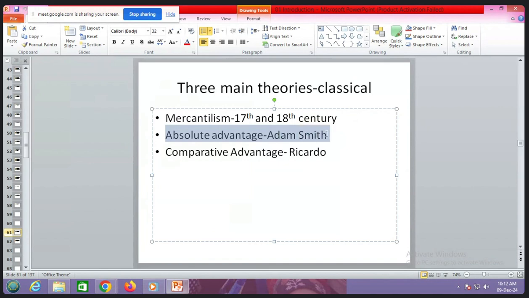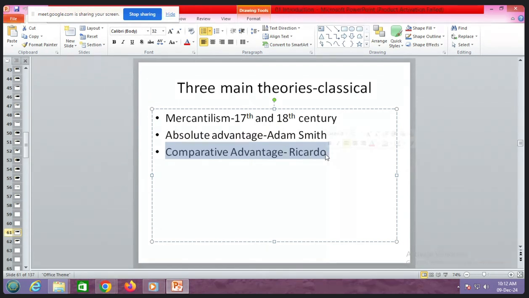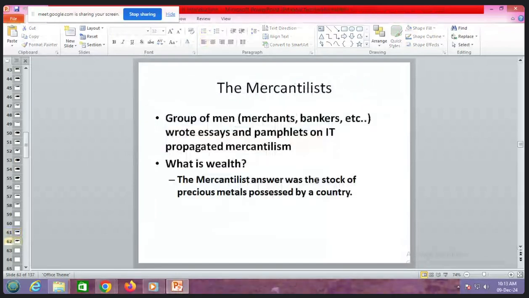The first actual theory of trade started with the absolute advantage theory of Adam Smith, and then it was improved upon by the comparative advantage theory of Ricardo. So today I'll just give you an overview of the first theory, that is mercantilism, and in the next lecture on Thursday I'll complete absolute and comparative advantage.